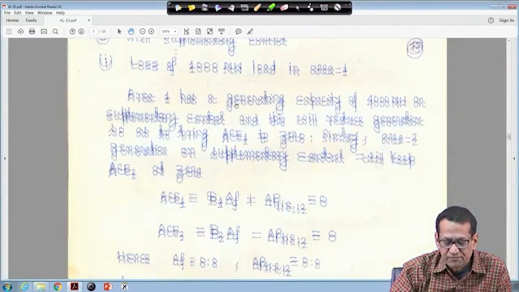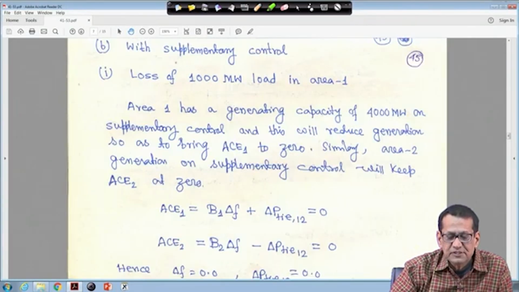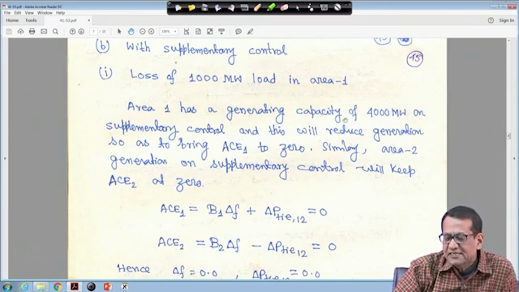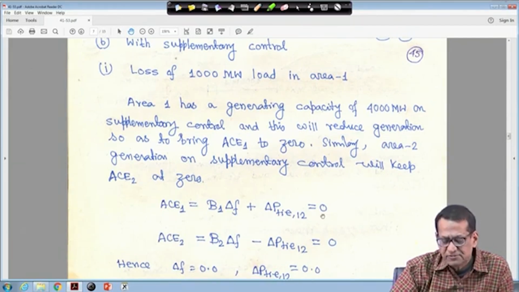Now, we have the supplementary loss of 1000 megawatt load in area 1. Area 1 has a generating capacity of 4000 megawatt on supplementary control, and this will reduce generation so as to bring AC1 to 0. Similarly, area 2 generation on supplementary control will keep AC2 at 0. So, we know that AC1 is equal to B1 delta F1 plus delta P tie 12, it has to be 0.